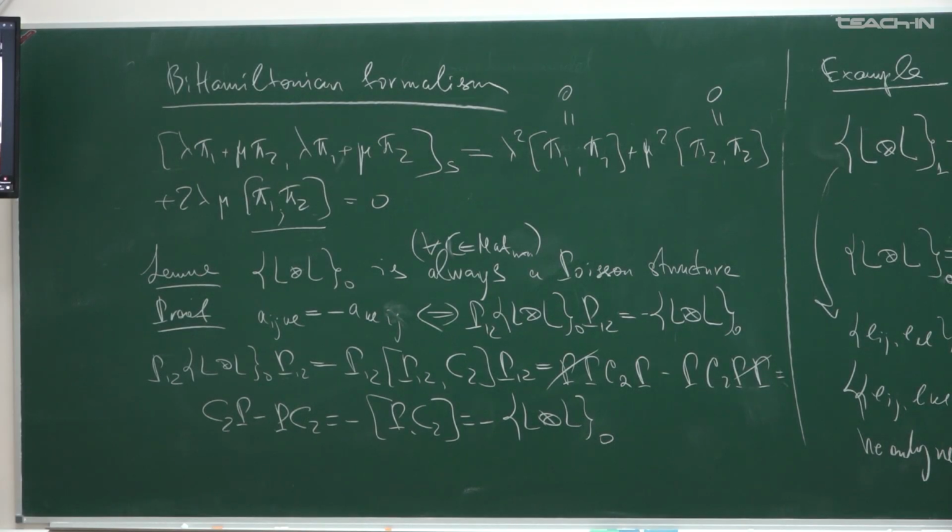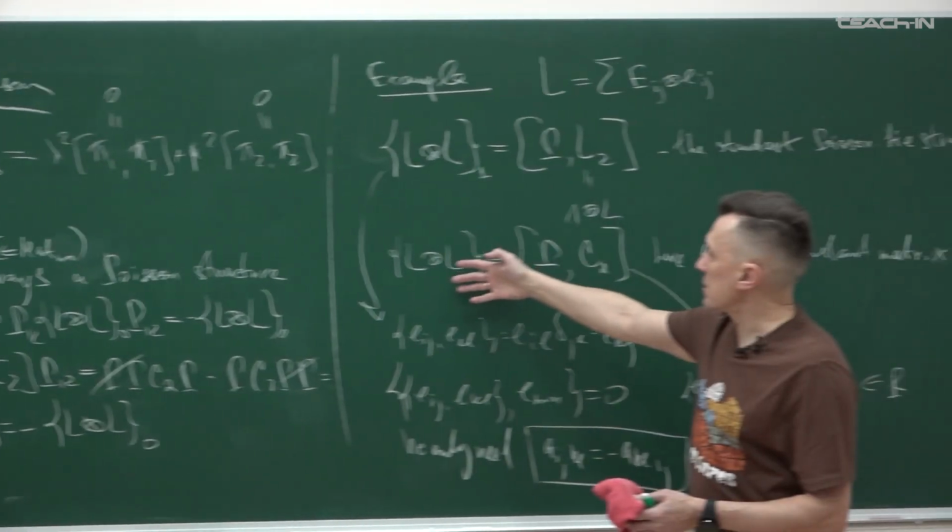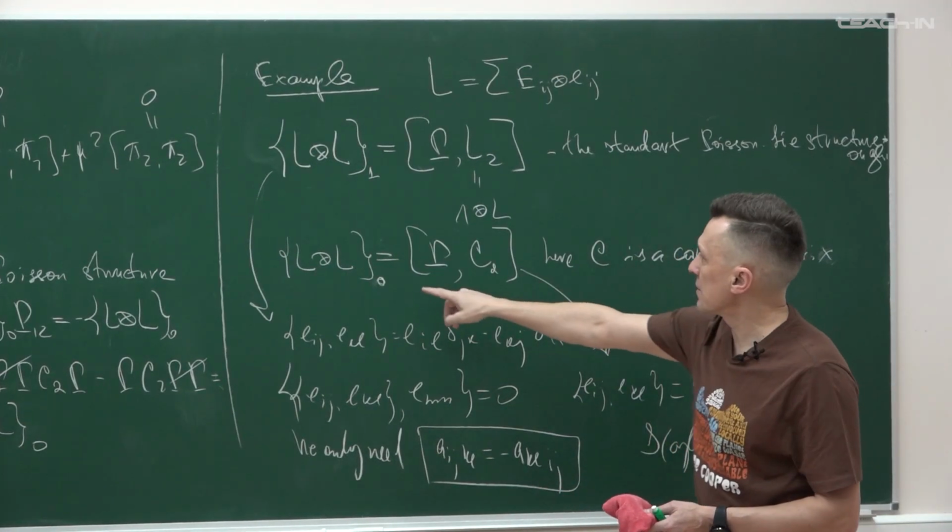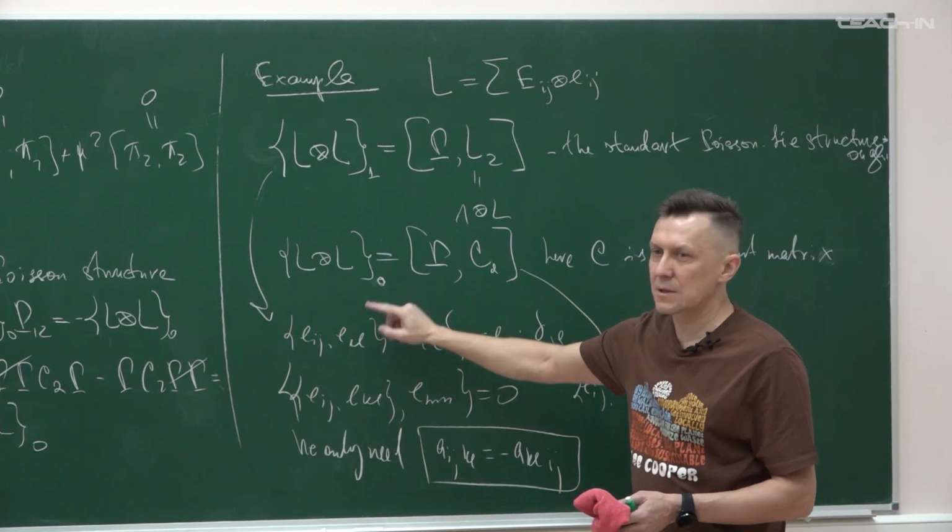So I demonstrated that the zero bracket is also a Poisson bracket.